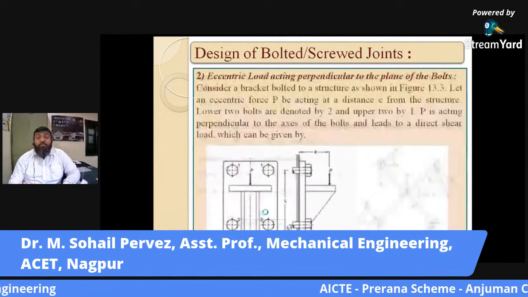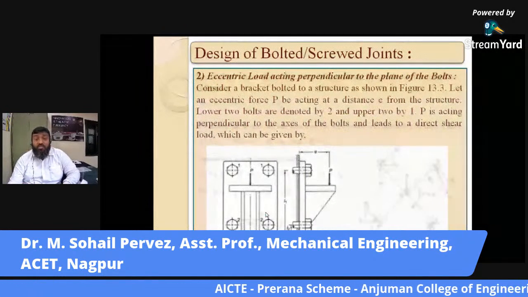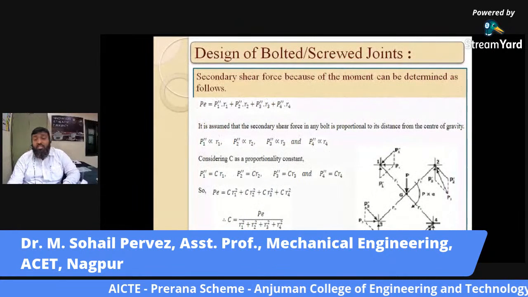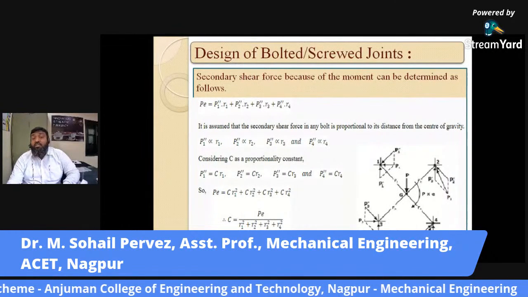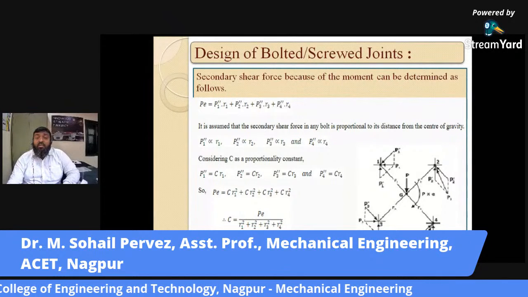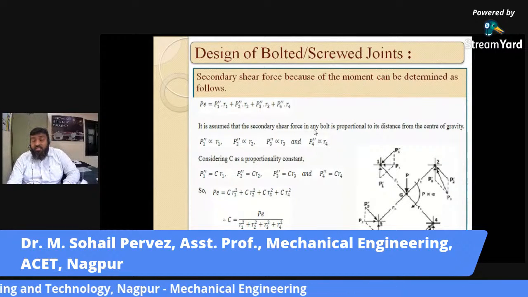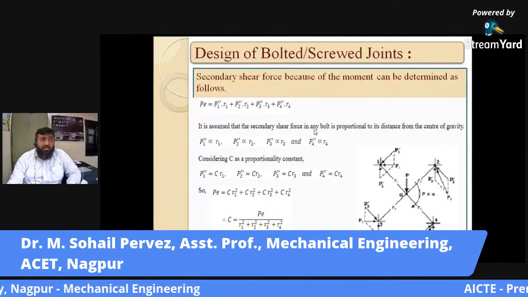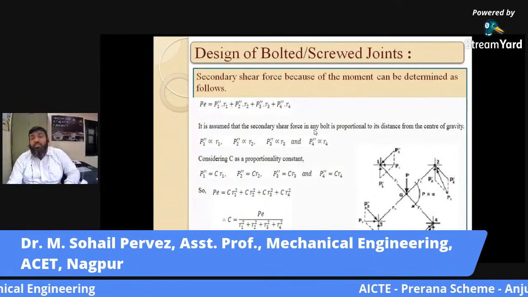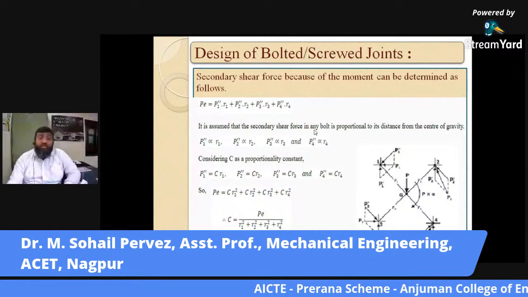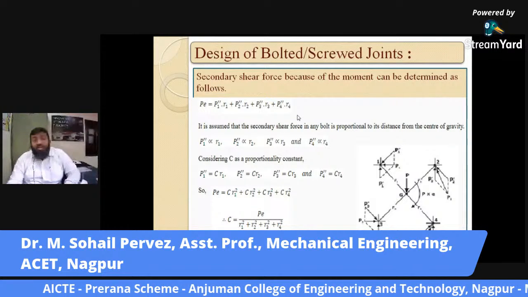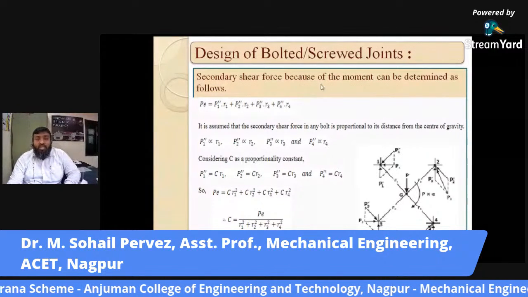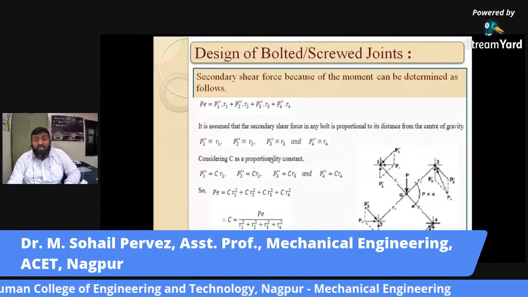And then you'll have to select, please mind well, the maximum secondary shear force. Then, since the primary is also shear and the secondary is also shear, you have to add both these. First I'll call it P1 dash, then here it is P1 double dash.